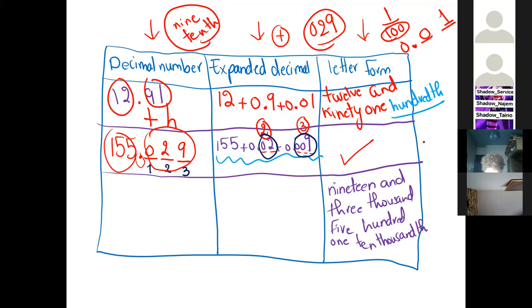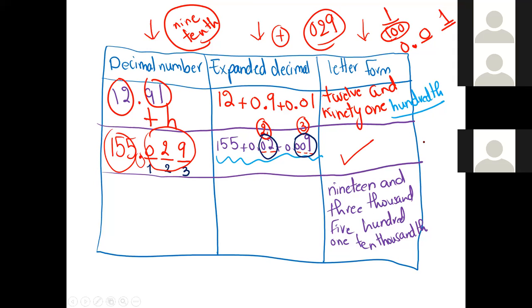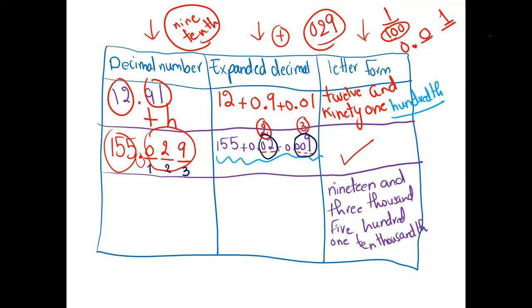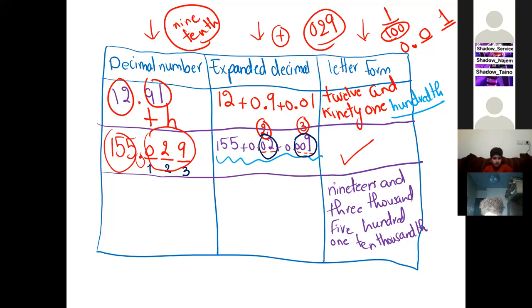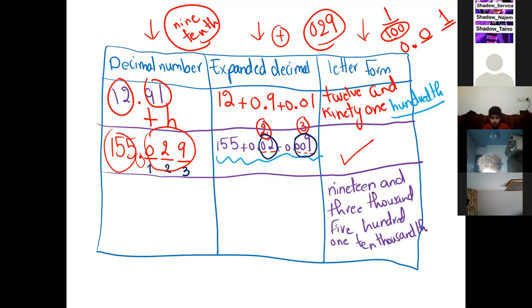19 and 3,501 ten-thousandths. How do we write it as a decimal number? 19. And what does "and" mean? It means a decimal point.